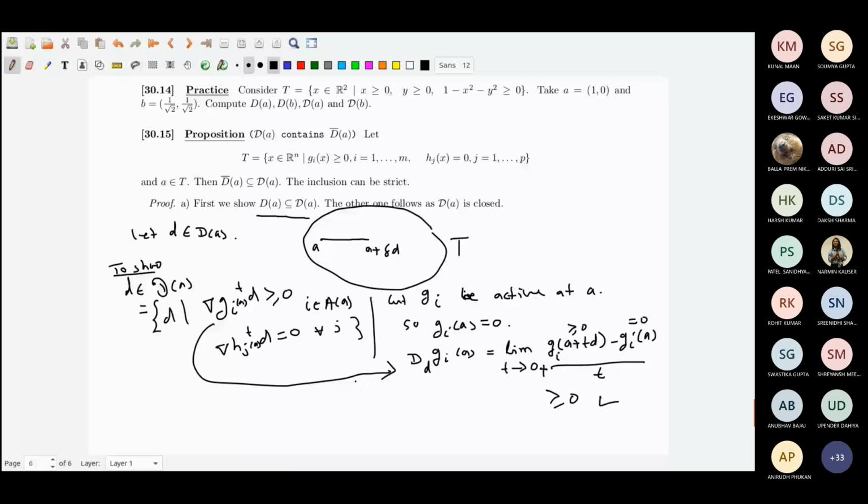I also have to show that grad Hj(A) transpose D has to be equal to 0. What is that?